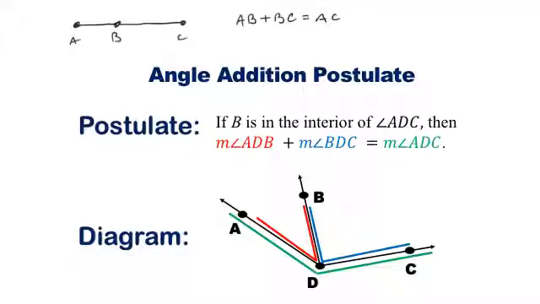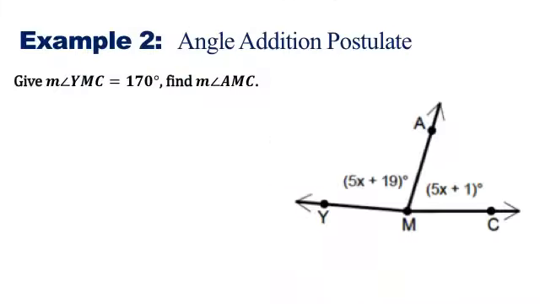Okay? So we're going to just really finish up this video lesson working with a couple examples that use this angle addition postulate. In this first one, we're given that YMC has a measure of 170 degrees. So YMC is this entire angle.